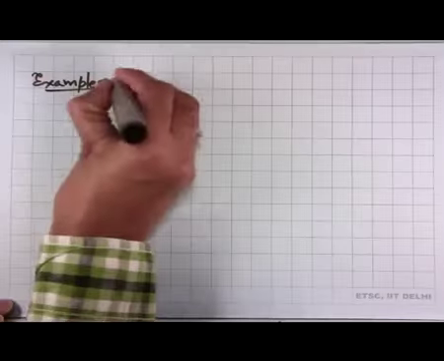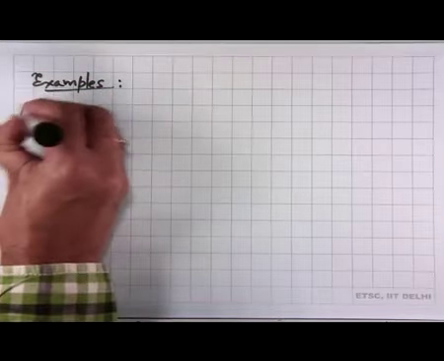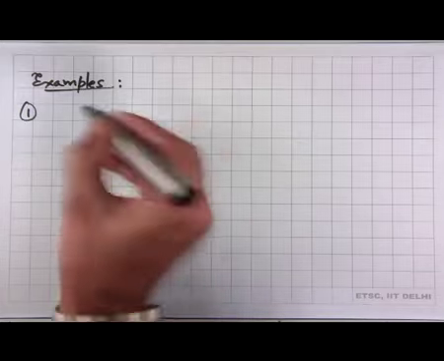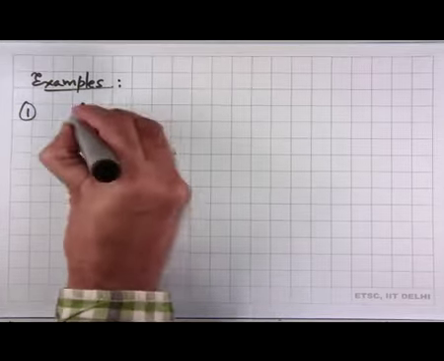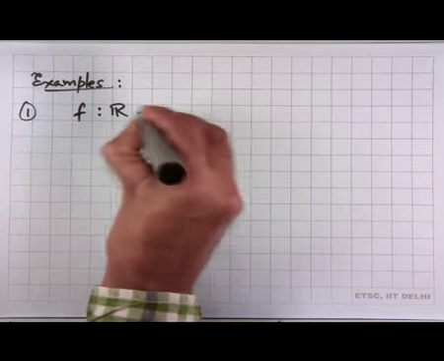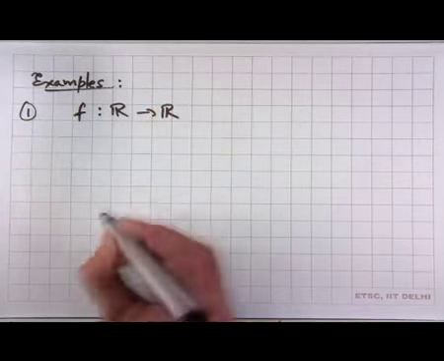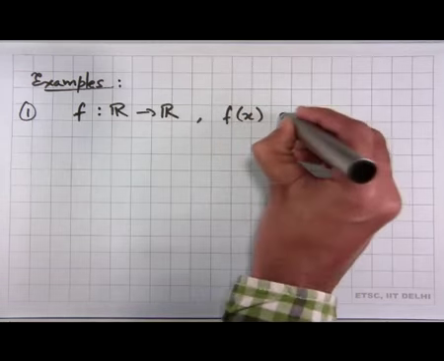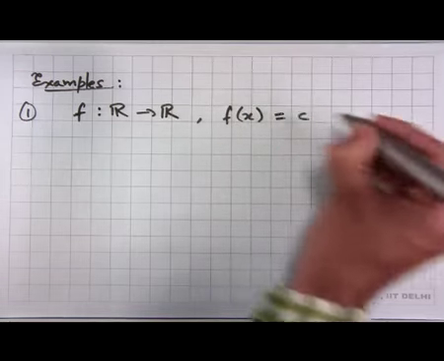So, examples. First one, the simplest function, let us take f from R to R, where f of x is equal to c, a constant.